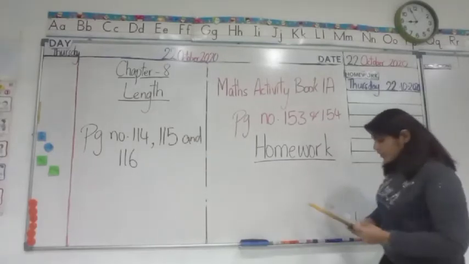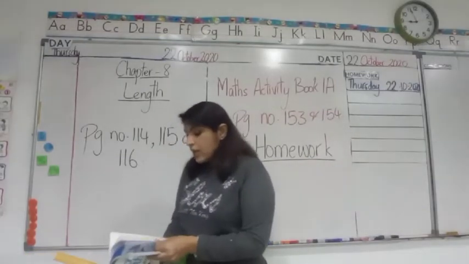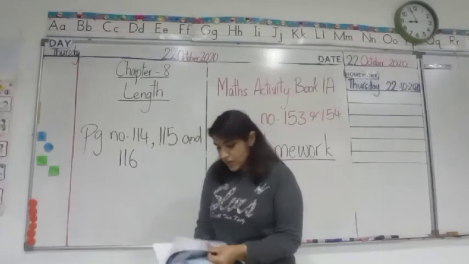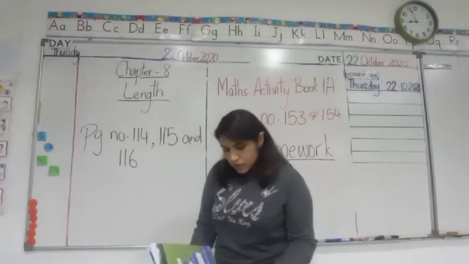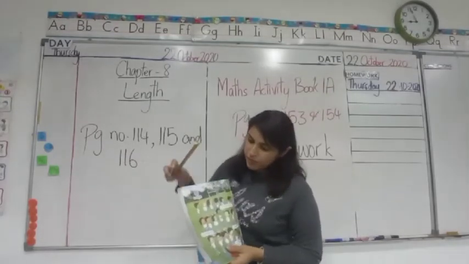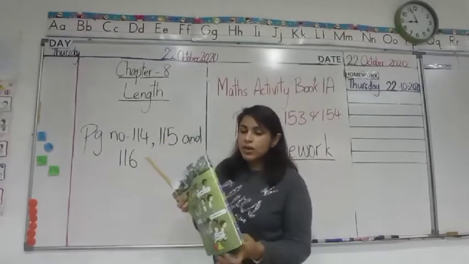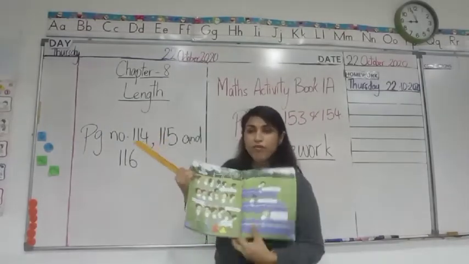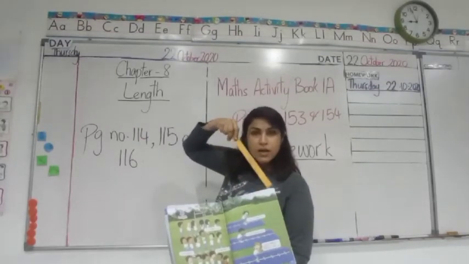Now, open up to page number 114 as we were there. Please write today's date, draw the line on page number 114. On page number 114 you don't have enough space. I understand that. So what you can do is go to page number 115. Do you see the blue sky here? The clouds.